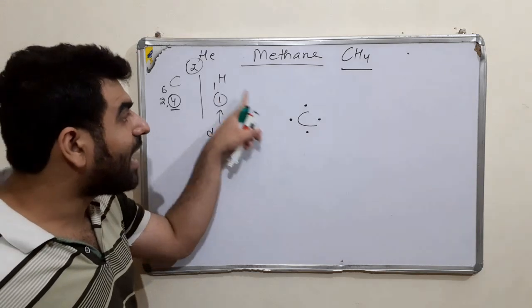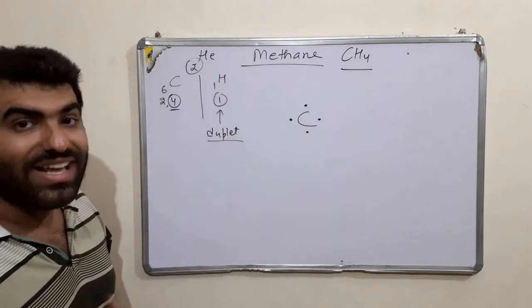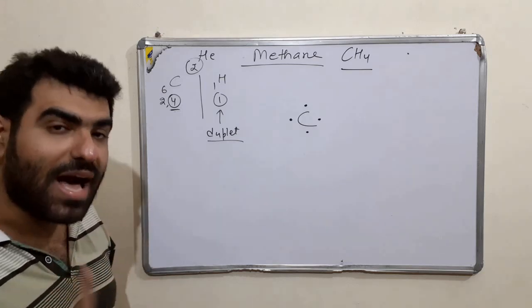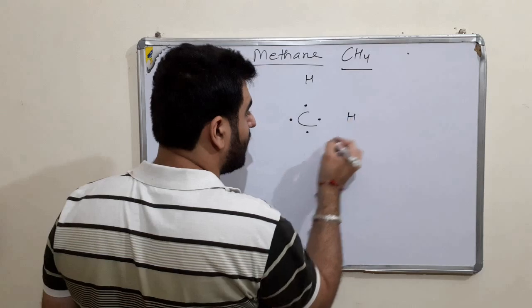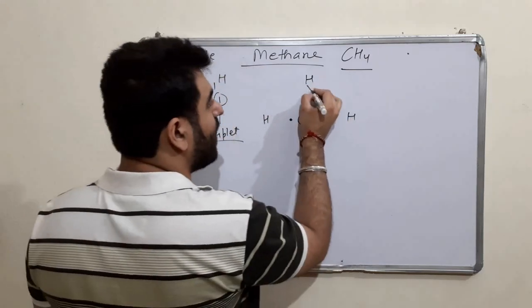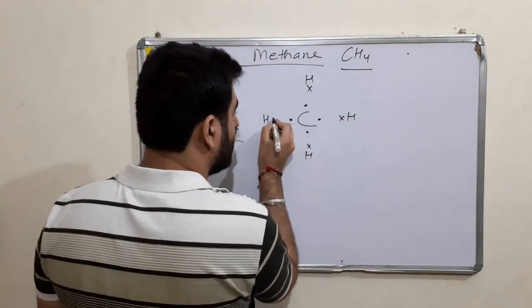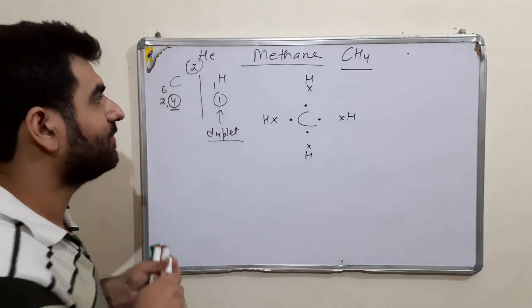So how many electrons will hydrogen take from carbon? 1. Each hydrogen will take 1 electron from carbon. So hydrogen 1 over here, 1 over here, 1 over here, 1 over here. They will have only 1 electron in the outermost shell, like this.